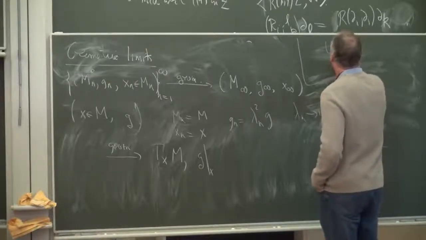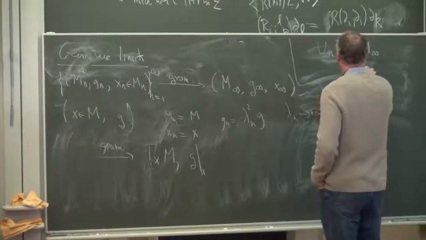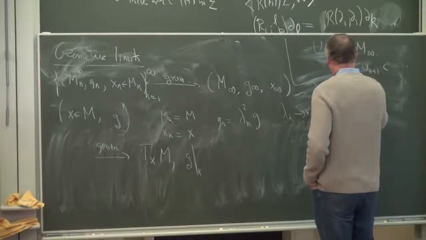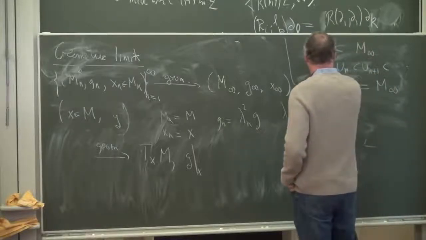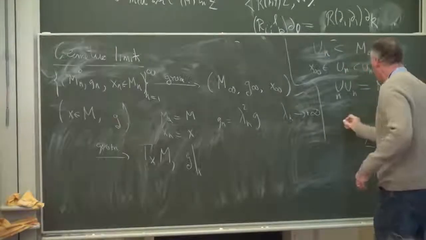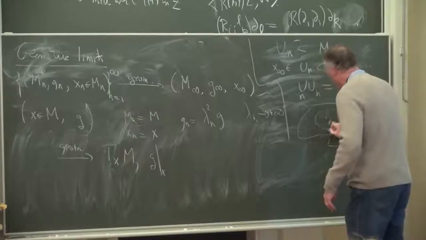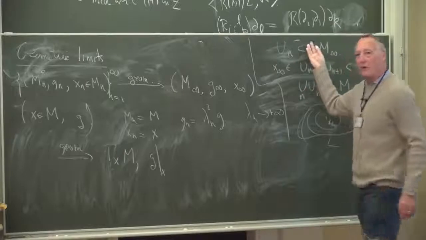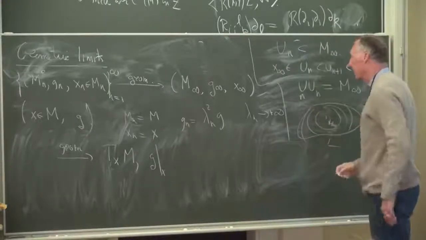So you have a sequence of open sets in the limiting manifold, an increasing, exhausting sequence, and they all contain the base point. So in the limiting manifold, whatever it is, you have this limiting base point, and you have this bigger and bigger sequence of open sets, which you could take to be balls of larger and larger radius around this point if you wanted, but some sequence of open sets.